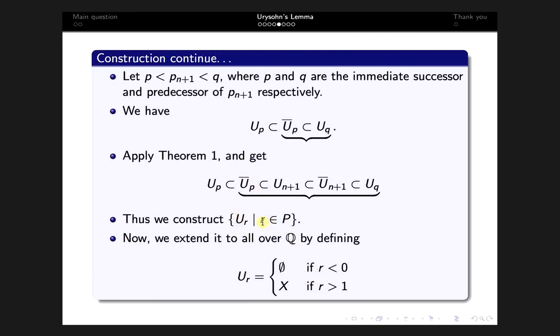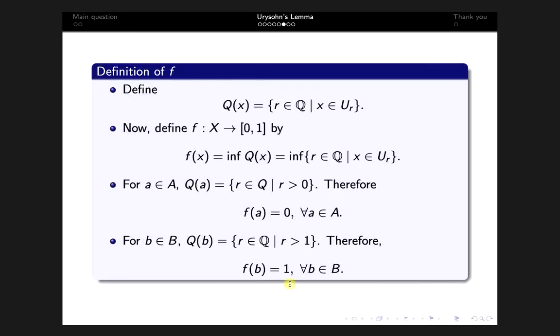For every rational in the closed interval [0,1] we have U_R, for every negative rational we have U_R equal to the empty set, and for every rational greater than 1 we have U_R equal to the whole space X. Okay, now we are ready to define the function f.